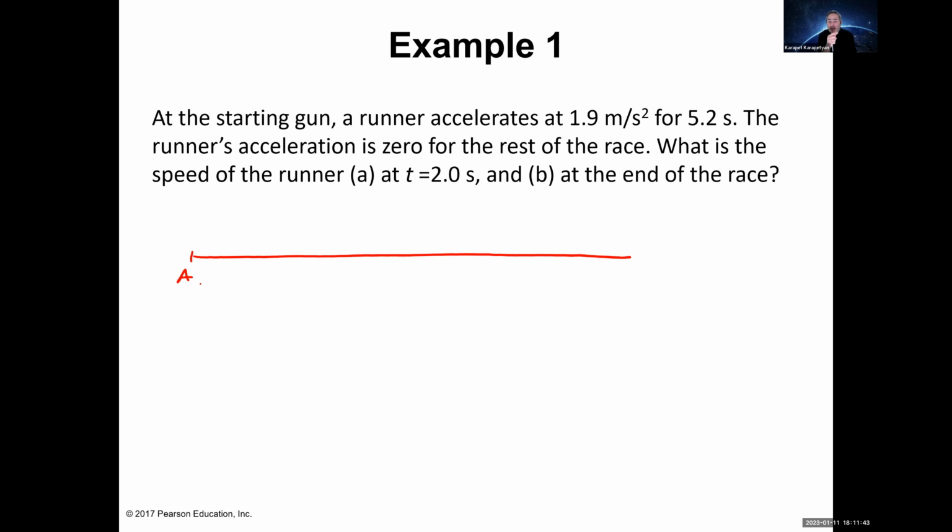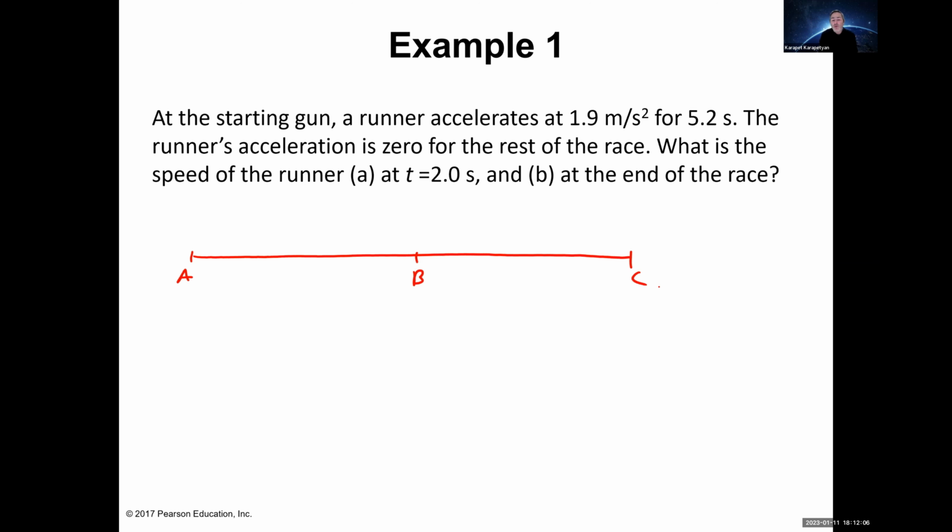And after that, its acceleration is 0, which means whatever speed it has at the end of the 5.2 seconds, it's going to then move at that speed the entire time. That means, in a way, we have 3 points of interest. Point A to point B, then from point B to point C.